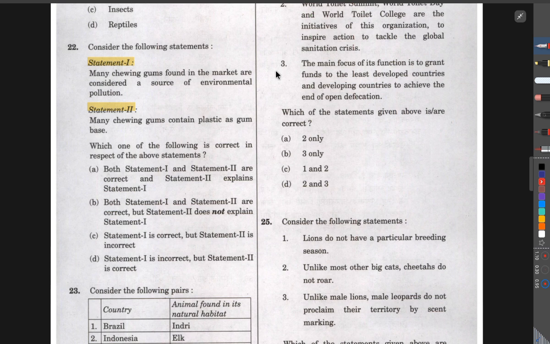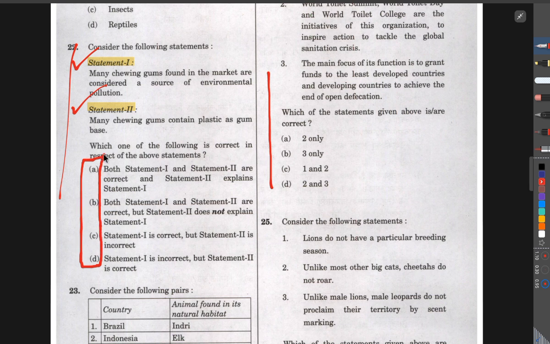Before giving you a tip on solving the question, let me draw some observations from the statement 1, statement 2 type of questions. Let's draw some conclusions from how the options are being set.